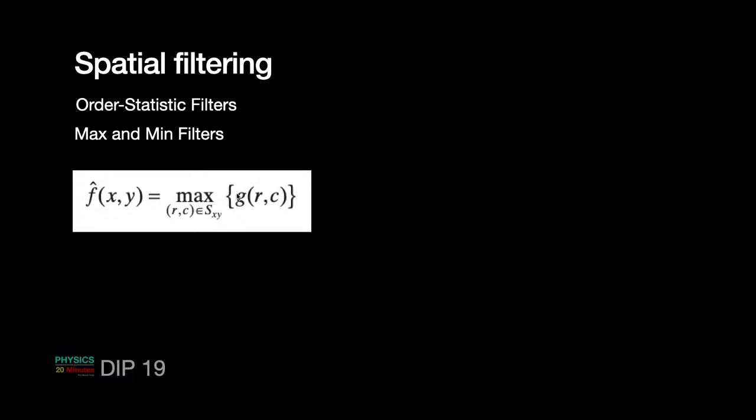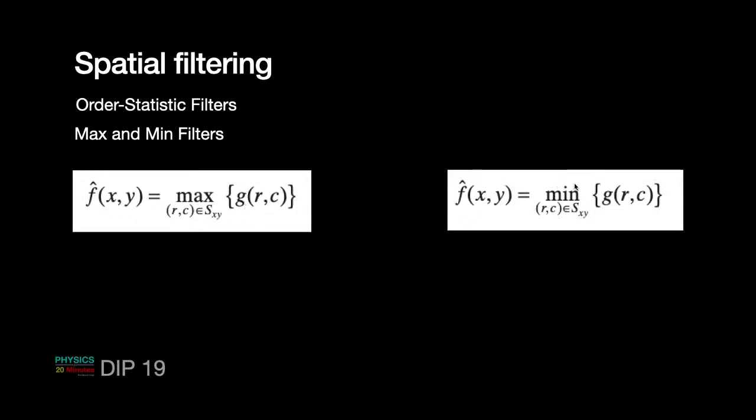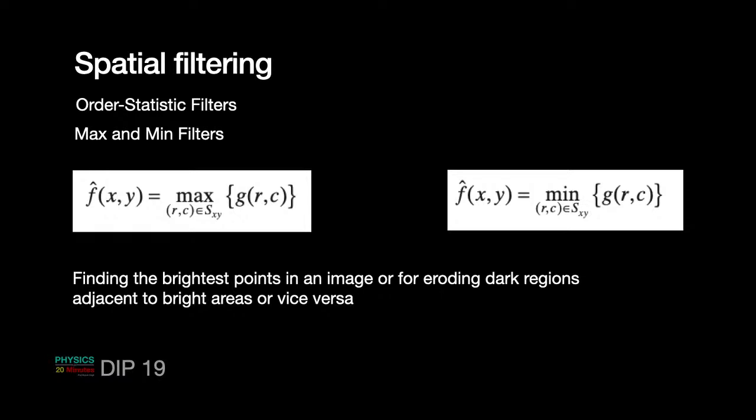The max filter is the maximum value of the pixel in that neighborhood, while the min filter is the minimum value of the pixel in that neighborhood. So both of these can be derived from the same ordering structure.